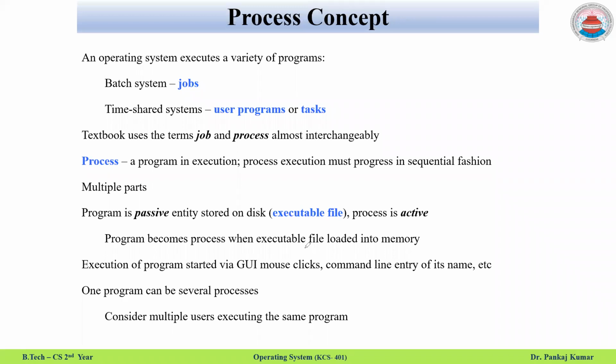A program is an executable file, but not in the execution state, but a process is in execution. When a program stored in secondary memory is fetched into RAM, it becomes executable, or when a process is executing that particular program, that becomes a process. Clear? So I have discussed a lot about process.